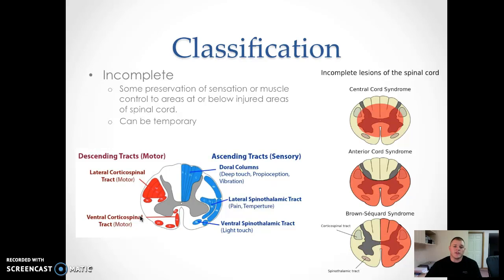Incomplete, there's some preservation of sensory or motor function in the injured areas below the site of the acute injury, and they can be temporary. People can rebound from these. There's central cord syndrome, where there's a loss of sensory in the arms, but you can regain some in the legs.